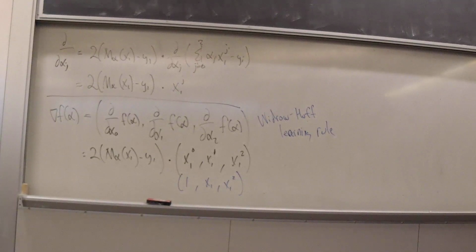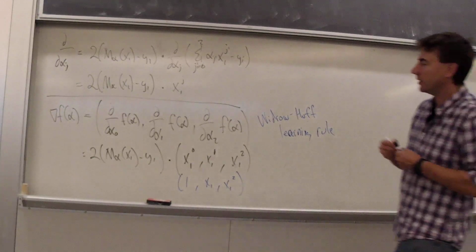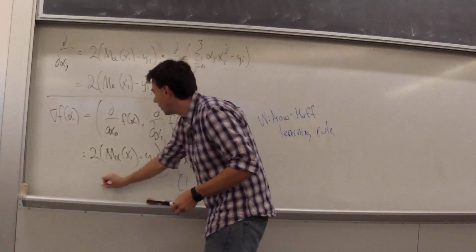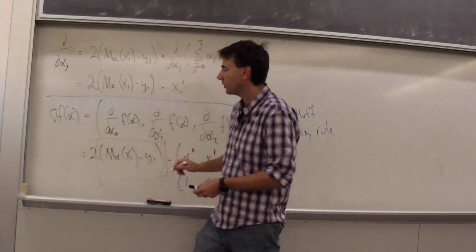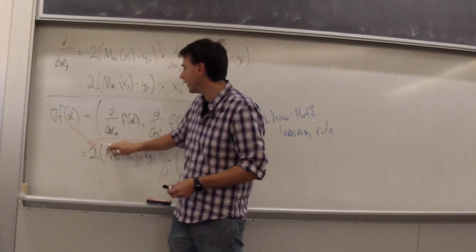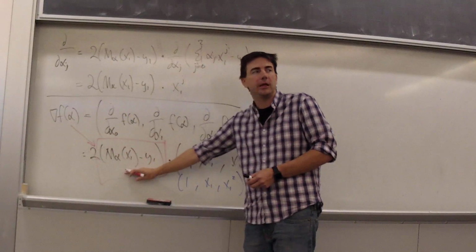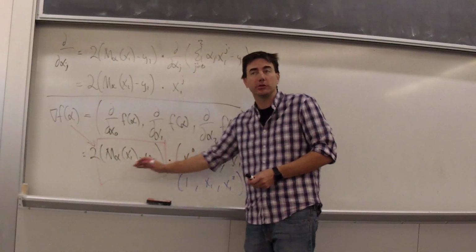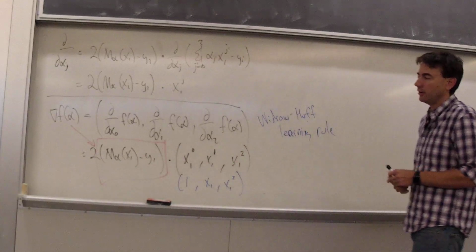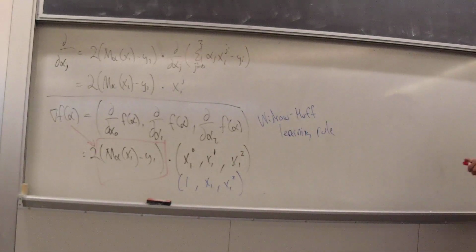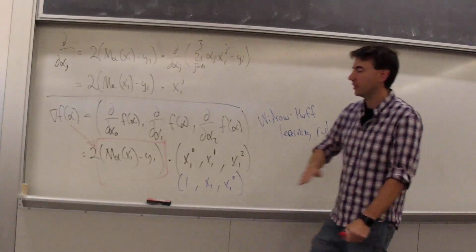Okay, so this means, and what's really useful about this is that the gradient is proportional to the residual error. If the residual error is large, then the gradient is going to be large.